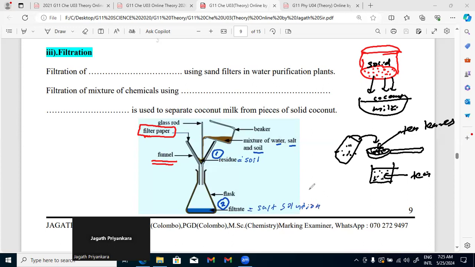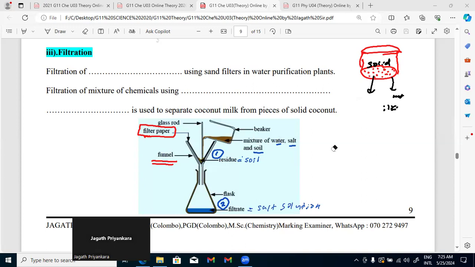What is the other separation technique that should be coupled with this if you want to get salt out of the salt solution, students? Can you tell me? Now I want to separate it further. Now there are three components. I separated the soil particles, or the sand, left on the filter paper. You can write and get it if you want. Now I want to separate this further.